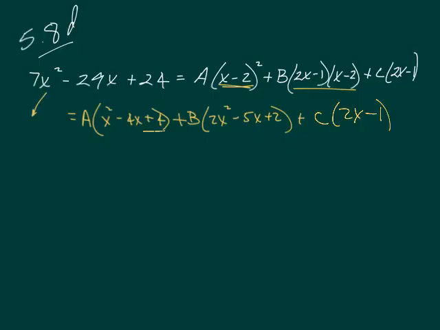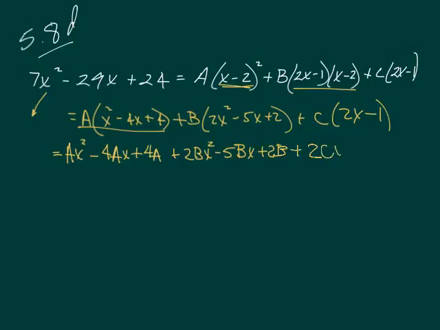Now I'm going to distribute my a, so I get a x squared minus 4ax plus 4a, plus, and then I distribute my b, 2bx squared minus 5bx plus 2. Then I distribute my c, 2cx minus c. And that equals this right there.